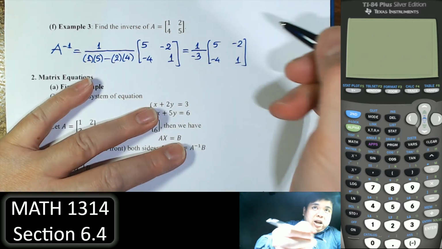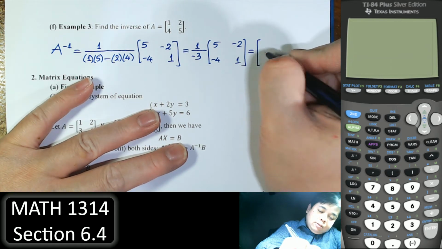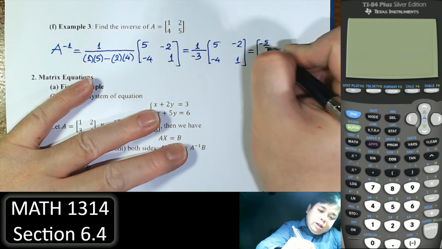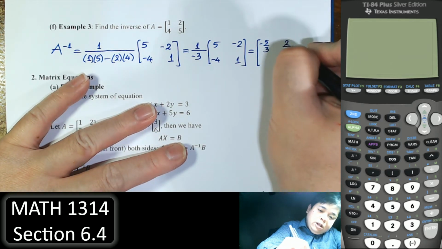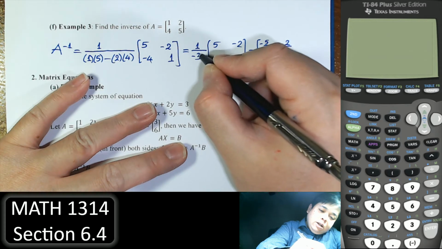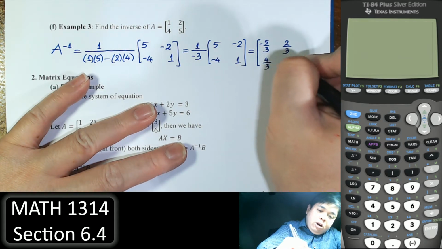Now multiply negative 1/3 into it. We have negative 5 over 3, negative 2 over negative 3, so 2 over 3, 4 over 3, and negative 1 over 3.